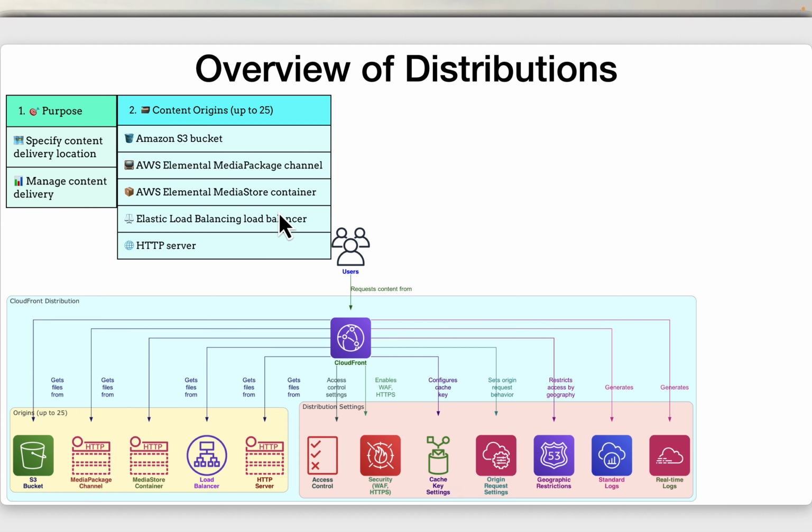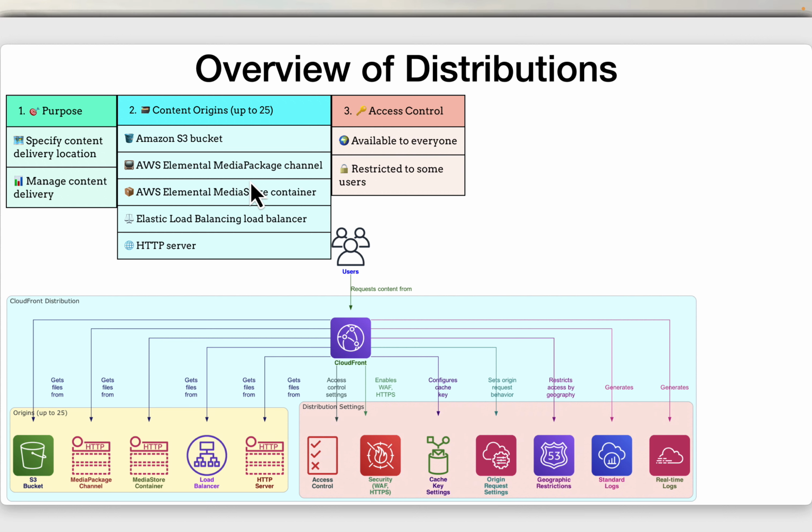So your content origin: the Amazon S3 bucket, AWS Elemental MediaPackage channel, AWS Elemental MediaStore container, Elastic Load Balancing load balancer, or HTTP server from which CloudFront gets the files to distribute. You can specify any combination of up to 25 origins for a single distribution. So it can have 25 origins for a single distribution object that you create.